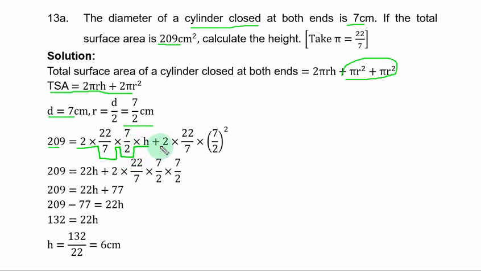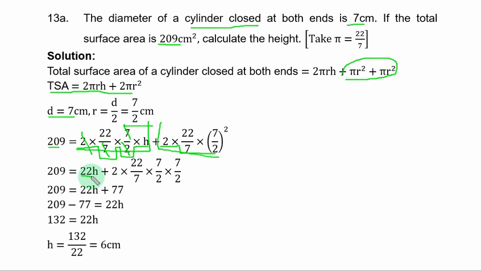plus 2 times 22/7 times (7/2) all squared. Note that this is one term and this is another term. You have 209 equal to: 7 cancels 7, 2 cancels 2, you are left with 22h for the first term.